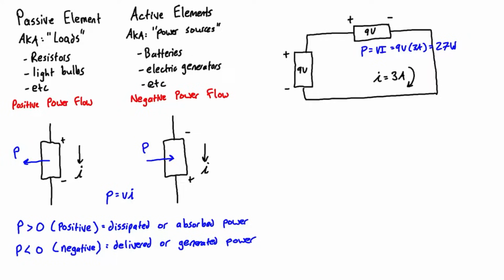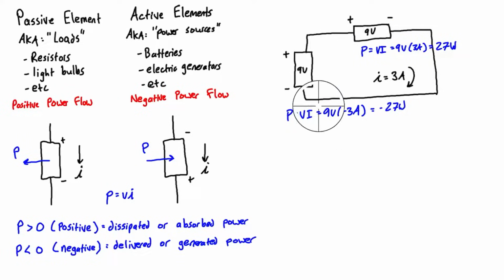When we look at this one here, current is entering through the negative side. So in the P equals VI expression, we have 9 volts, and then we'll consider the current to be negative 3 amps as it's entering the negative terminal, and that's going to give us a value of negative 27 watts. And this negative value represents that power is being delivered or generated, or basically being put into the circuit at this point, unlike the other one where the power was being taken out of the circuit.